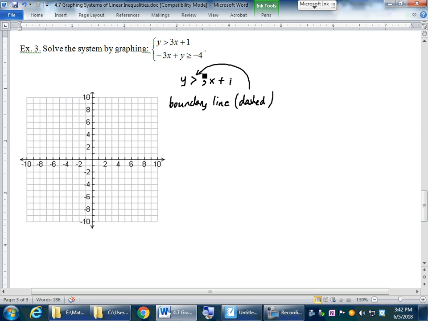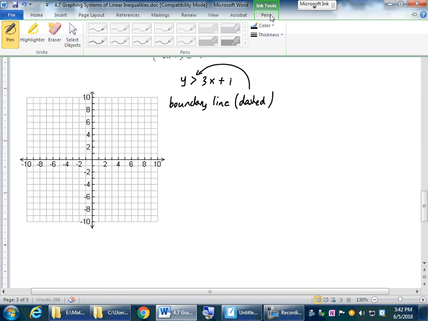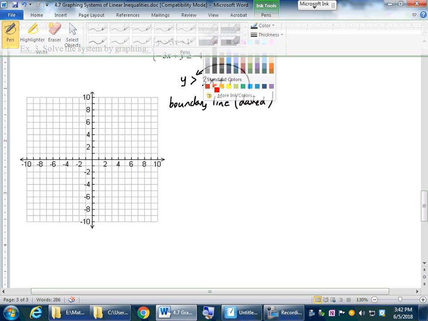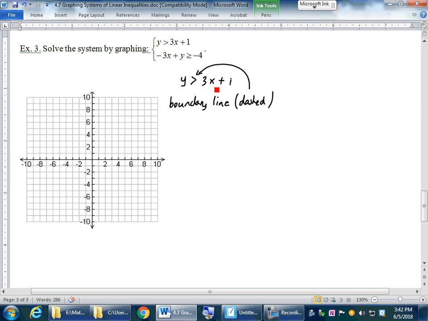And then we're going to have to graph it first, right? So when I graph this, my y-intercept is 1. My slope is 3, so that means 3 over 1. So go up 3 units and to the right 1 unit. Go up 3 units and to the right 1 unit. And then it is a dashed line.